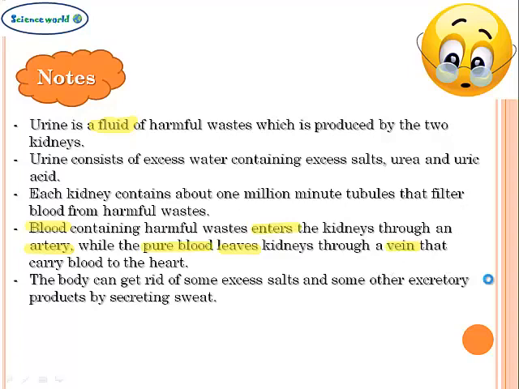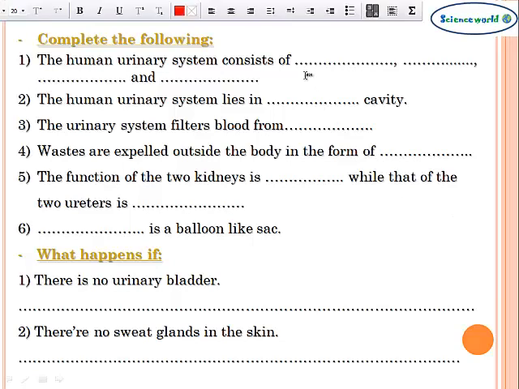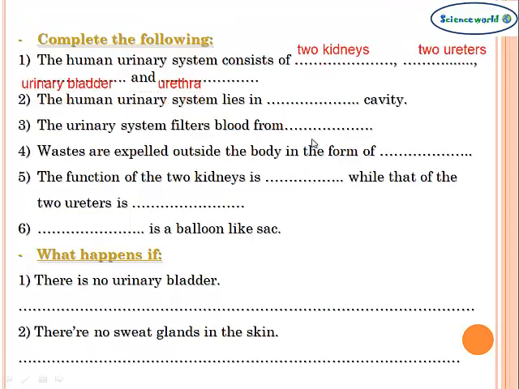So now let's solve some questions. 1. Human urinary system consists of, say with me, 2 kidneys, 2 ureters, urinary bladder, and urethra. 2.